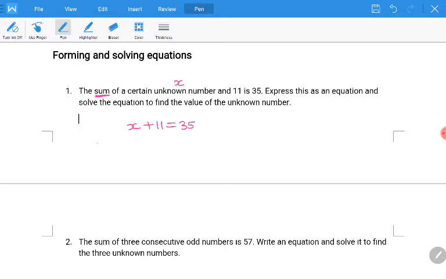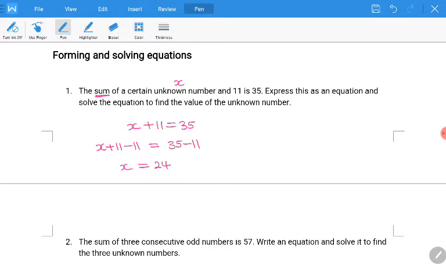So we have x plus 11 minus 11 is equal to, because we have subtracted 11 from the left hand side, we need also to subtract 11 from the right hand side. So this is equal to 35 minus 11. 11 minus 11 gives us 0. So on the left hand side, we remain with x is equal to 35 minus 11. This gives us 24. So the unknown value is 24.